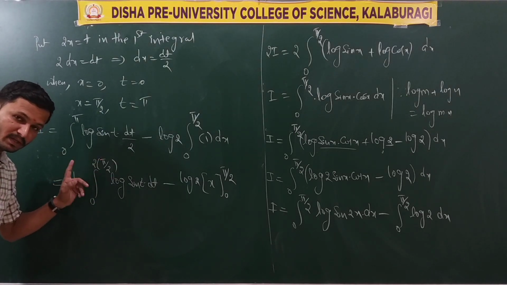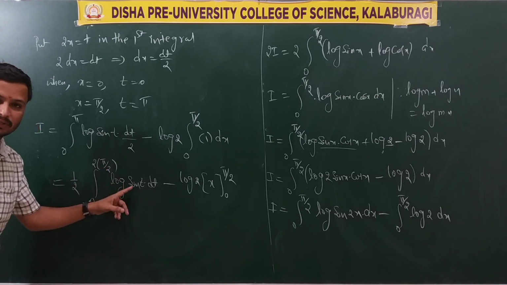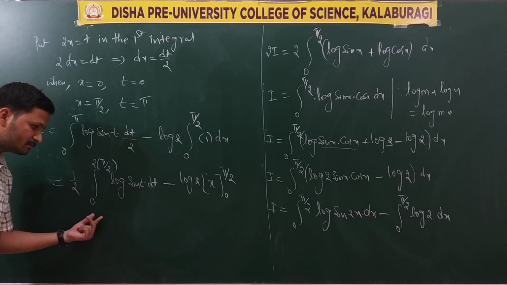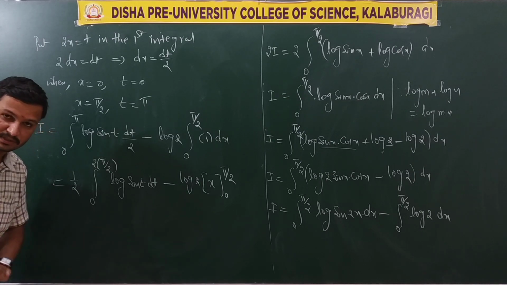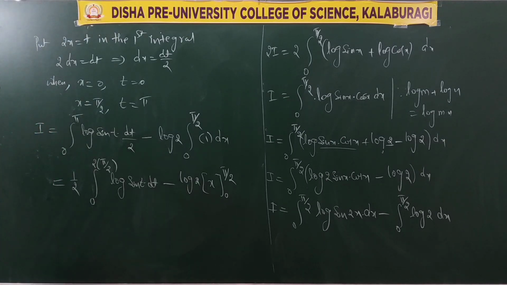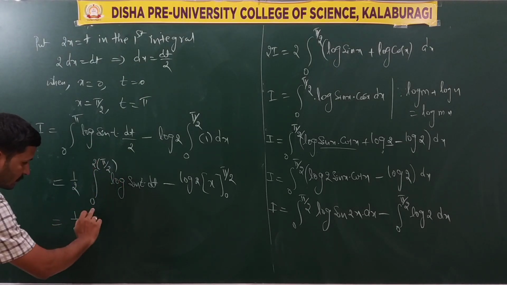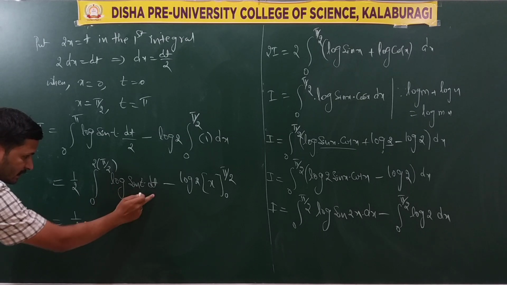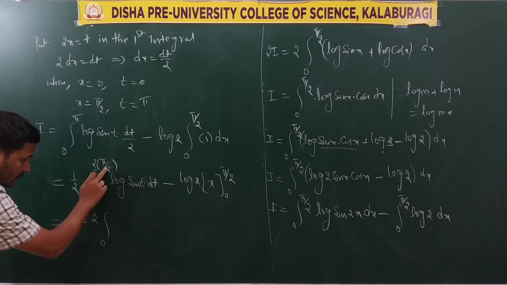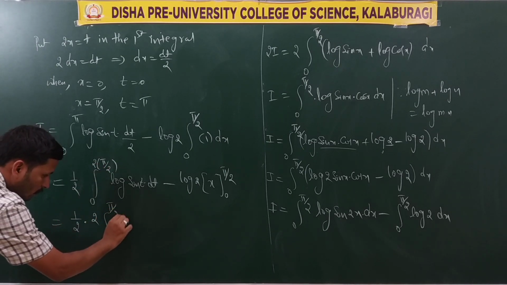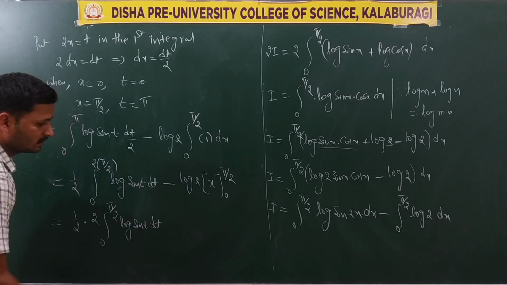Here again we use a property: the integral from 0 to 2a of f of x dx is 2 times the integral from 0 to a of f of x dx, if f of 2a minus x equals f of x. So 1 by 2 into the integral from 0 to 2 times pi by 2 of log of sin t dt can be written as 2 times the integral from 0 to a, where a is pi by 2, of log of sin t dt.